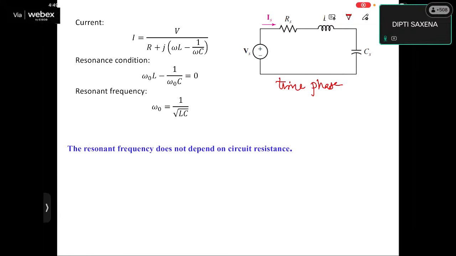And as you have looked at the circuit, the phase difference was initiated by the j term of the impedance.